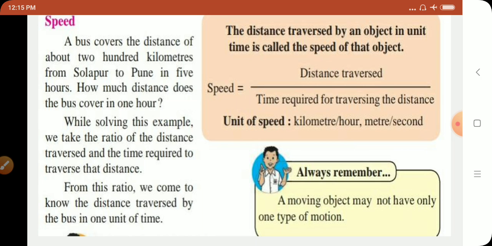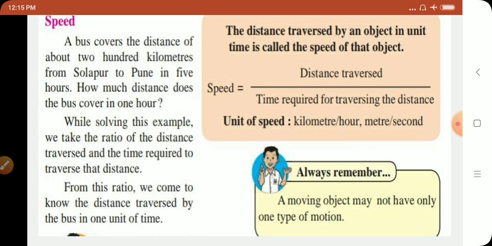While solving this example, we take the ratio of the distance traversed and the time required to traverse the distance. From this ratio, we come to know the distance traversed by the bus in 1 unit of time.